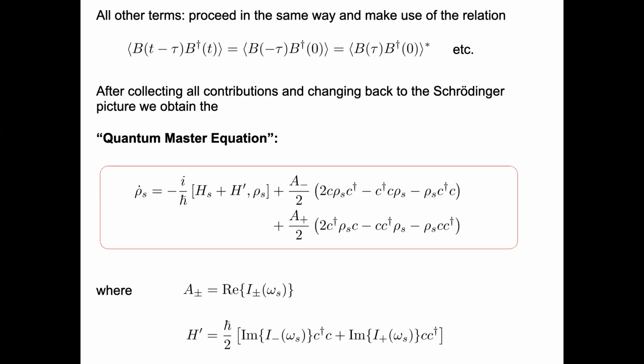But if you then sit down and put everything together, you end up with the following equation. So this is now everything put together. This rho S, I'm also transforming afterwards back into the Schrödinger picture, so I have the full system Hamiltonian here back again. And I essentially get a Hamiltonian contribution, the system evolution, and a small additional Hamiltonian part.